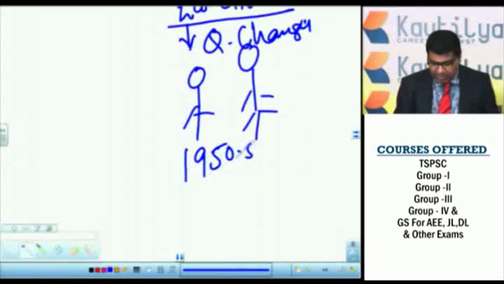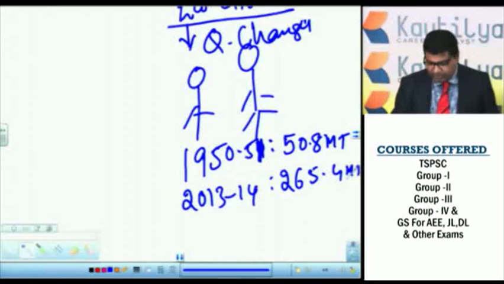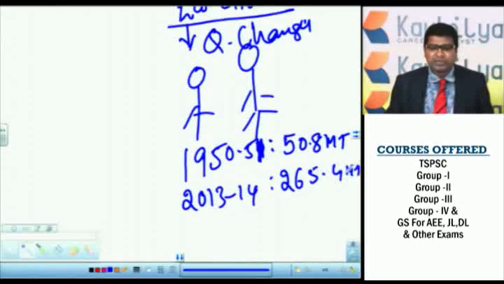For example, in 1950-51, our food grains production registered 50.8 million tons, and by 2013-14, our food grains production registered 265.4 million tons. This is to be considered as quantitative changes in the economy over a period of time.